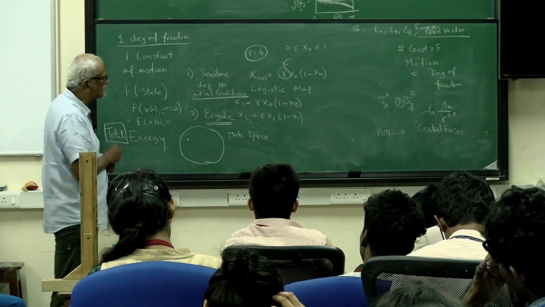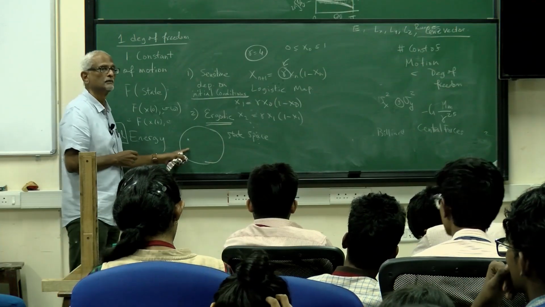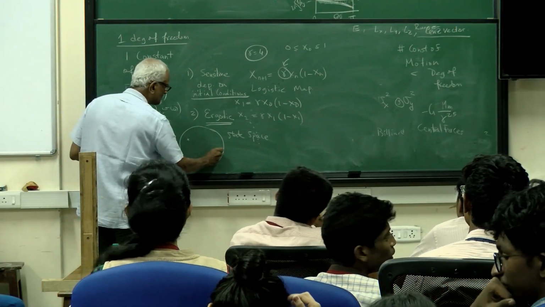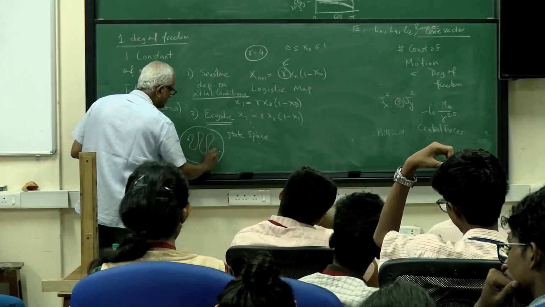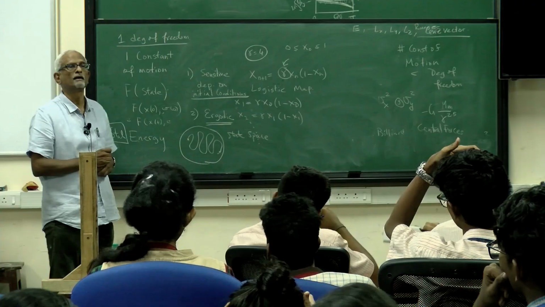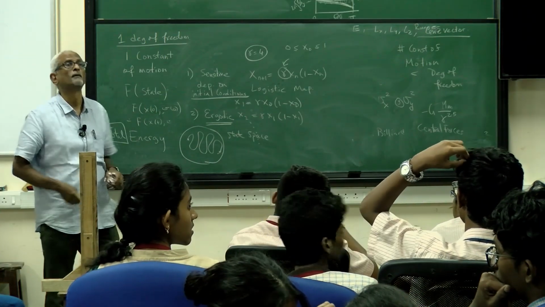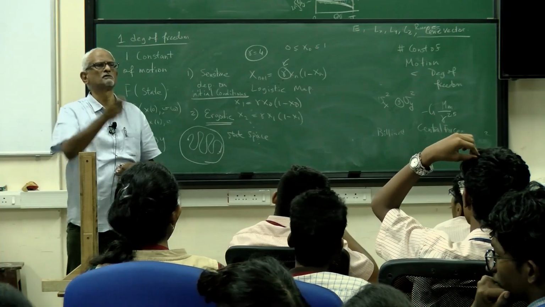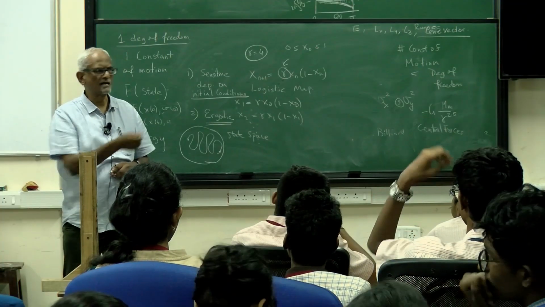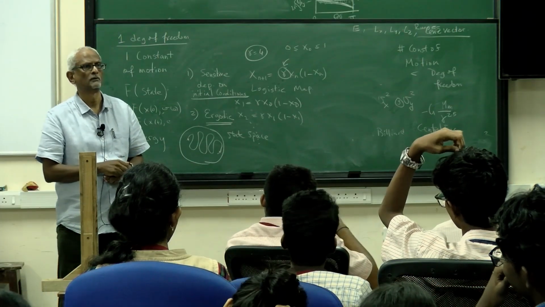It will be ergodic if it comes arbitrarily close to every other point. Suppose this is the point, it will wander and come close to this somewhere. Arbitrarily close, so it's up to you. You say it has to come within 10 power minus 10. If you wait long enough, it will come.